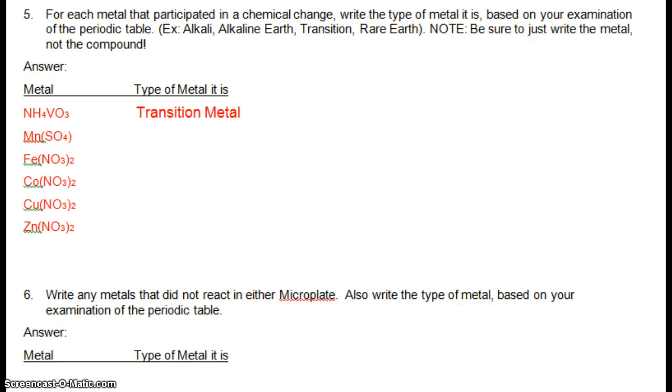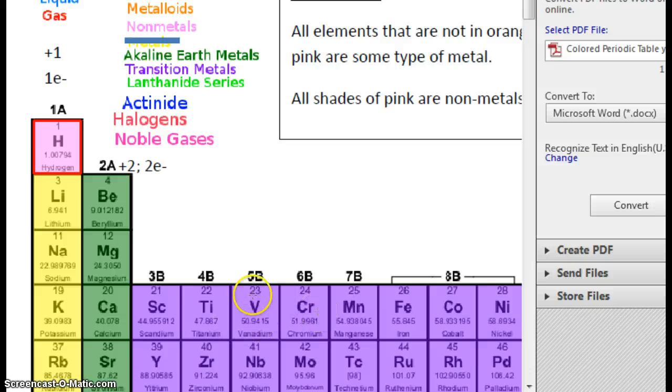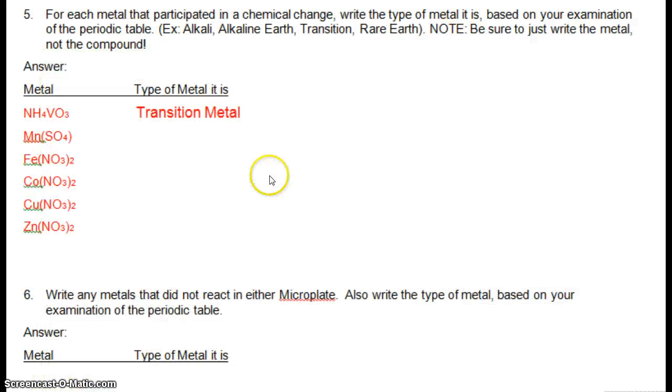So where we ended, we had just looked up vanadium, letter V, and saw that it was purple, so that's a transition metal. And we put that it was a transition metal here. We're going to get rid of these other elements because they are not metals. So let's look through the rest of these. I have Mn for manganese, S for sulfur, and O for oxygen.